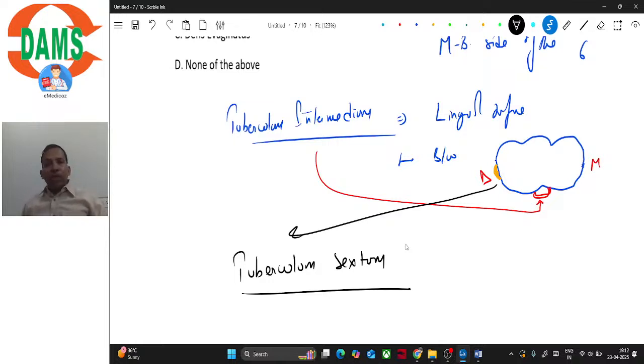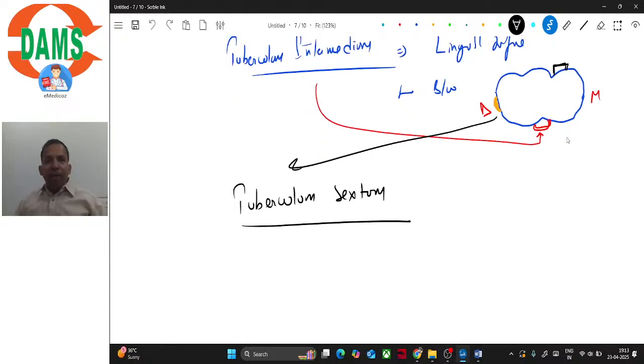If it is present on the mesiobuccal side, somewhere here, then it is protostylid. If it is present between the two lingual cusps, then it is tuberculum intermedium. If it is present on the distal marginal ridge, then it is tuberculum sextum. So these are the three accessory cusps that may be associated with the mandibular first molar, right?